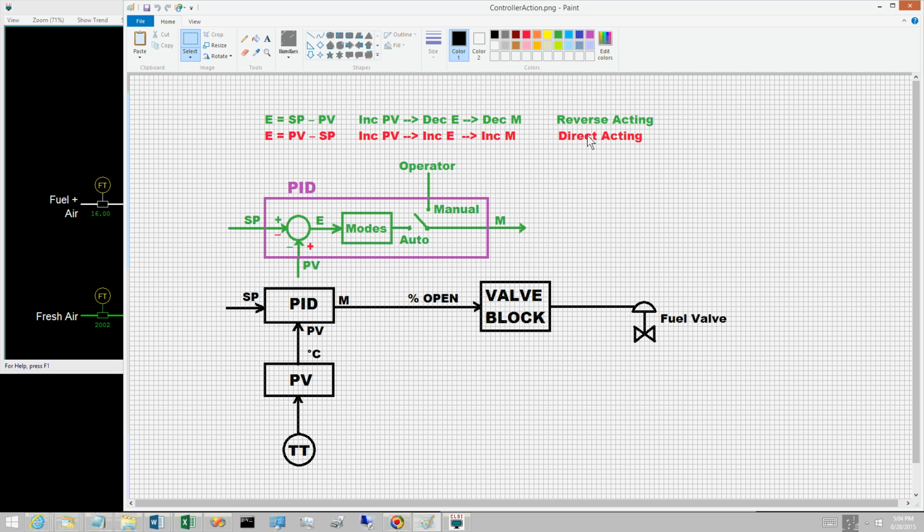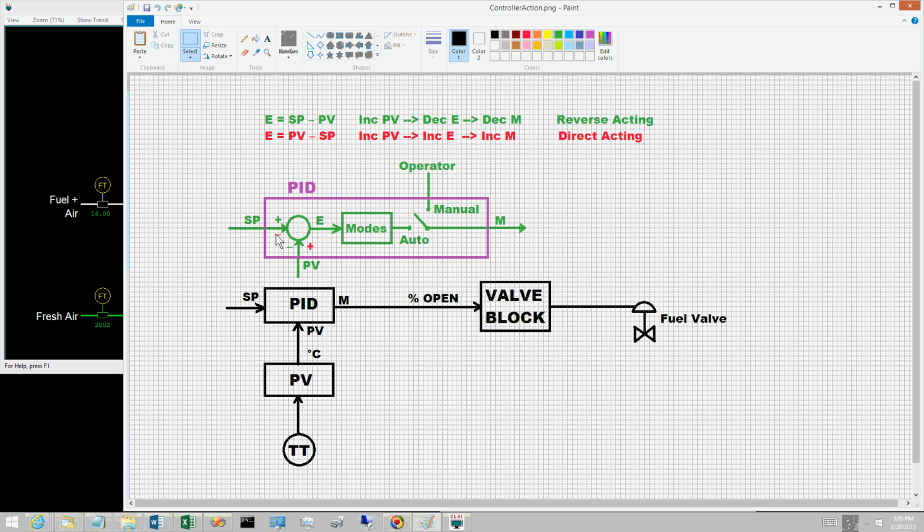On an increase in the PV, a direct or forward acting controller increases its output. How can such behavior be achieved? One possibility is to reverse the inputs to the comparator. That is, the plus is on the PV and the minus is on the set point.